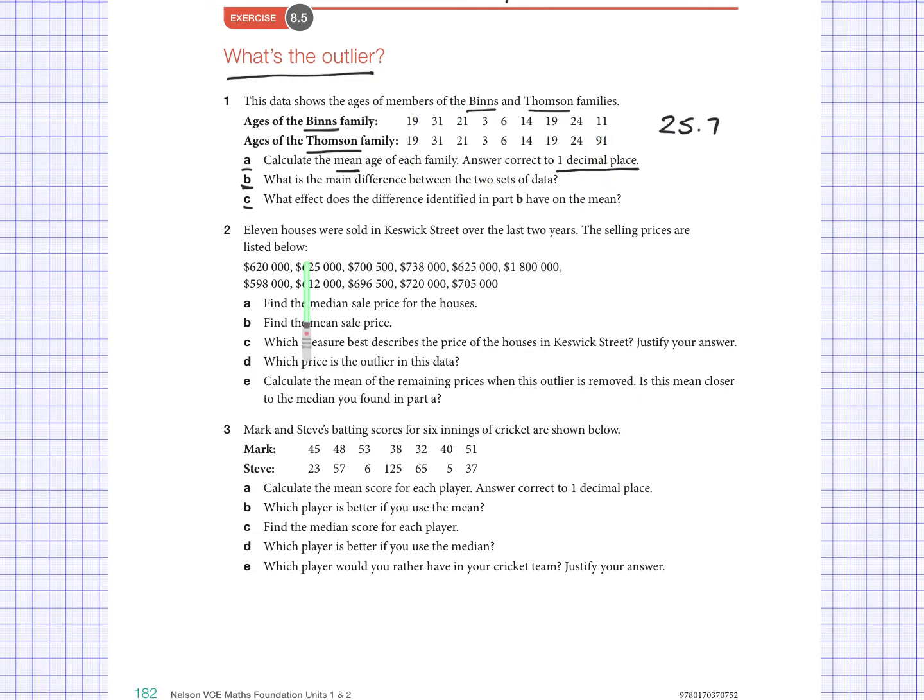And then, what effect did the difference identified in part B have on the average? So we might have calculated the average for the first family as 25.7. The average for the second family, because of this extra 91, might have been something like 37 instead of closer to 25. And so we can see here that the effect of that 91 years has increased the average by an awful lot.